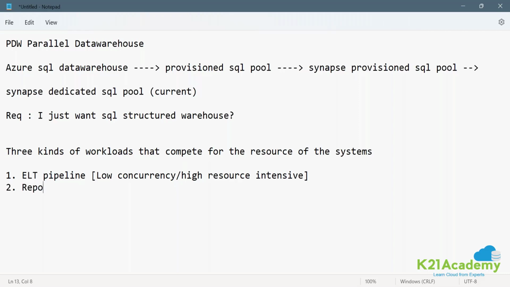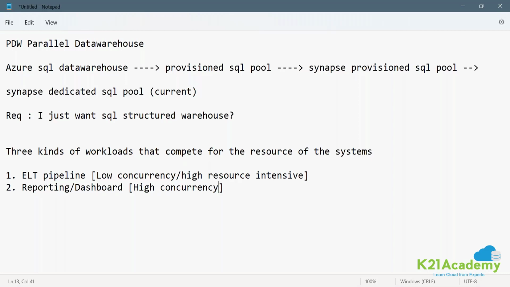Second is obviously reporting and dashboarding. You draw your reports and dashboards out of a dimensional model data store, and obviously it would be high concurrency. We can assume at an enterprise scale 500 plus, maybe up to 10,000.